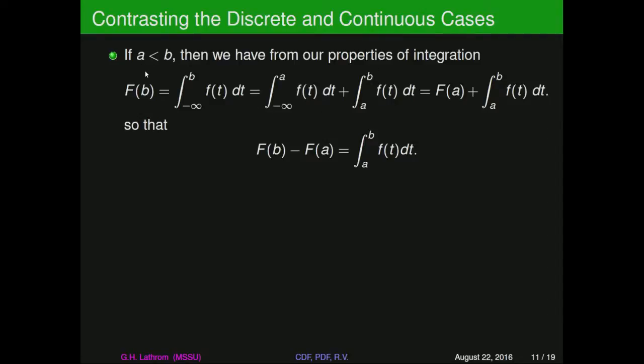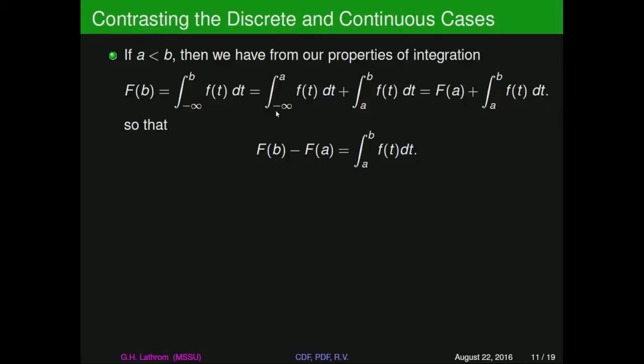So if we've got two real numbers, a less than b, then from our properties of integration, capital F, our CDF, is going to be the integral from -infinity to b of f of t dt, where f of t is our PDF for our distribution. Well, we can write that as the integral from -infinity up to a of f of t dt plus the integral from a up to b of f of t dt.